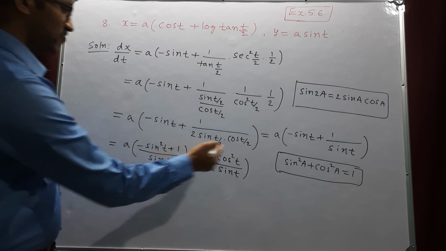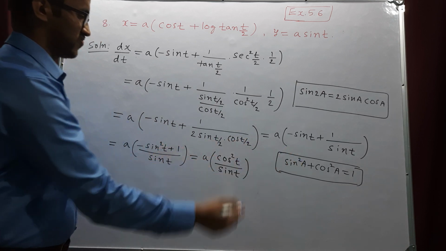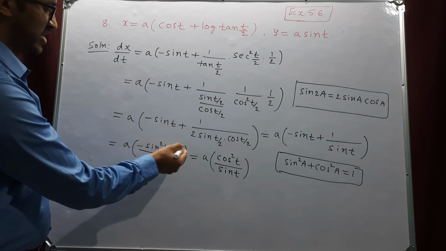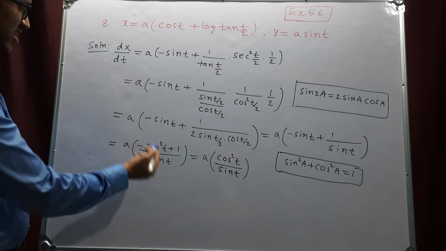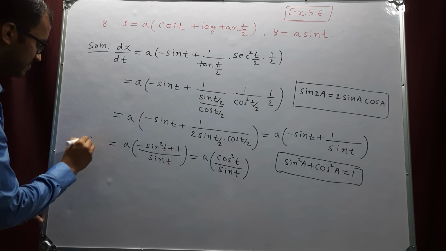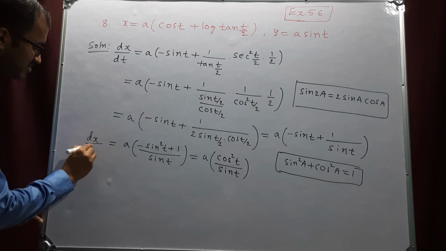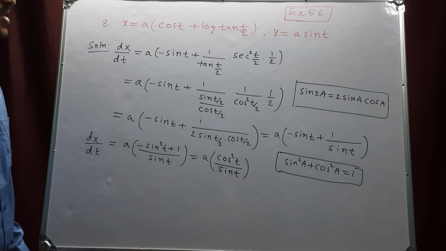So 1 minus sin square a means cos square a, or 1 minus sin square t becomes cos square t. So this is the value of dx by dt. So dx by dt means this much.